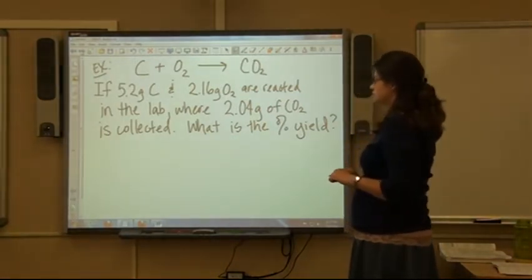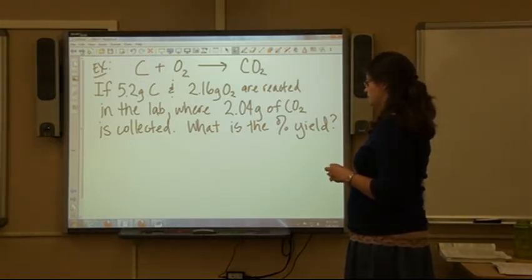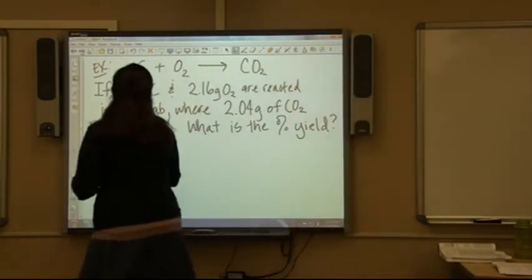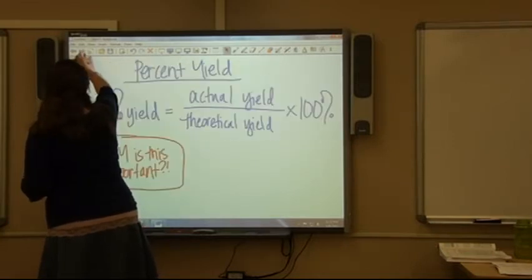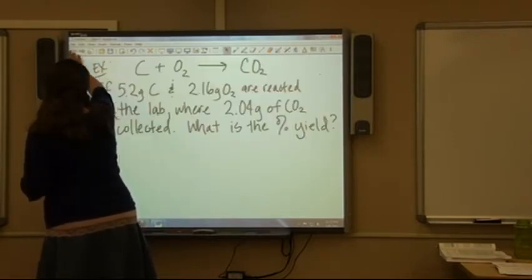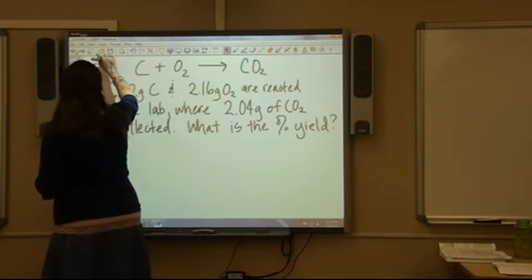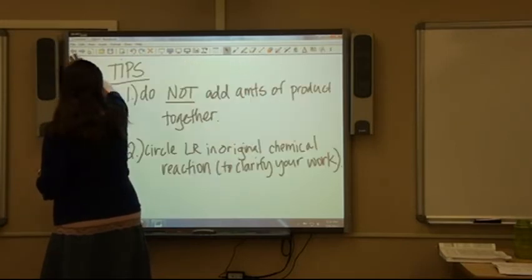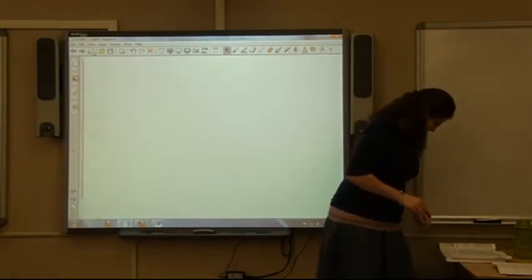If 5.2 grams of carbon and 2.16 grams of oxygen are reacted in the lab, where 2.04 grams of copper is, oh shucks. Okay, I'm sorry. That was an example for later on.